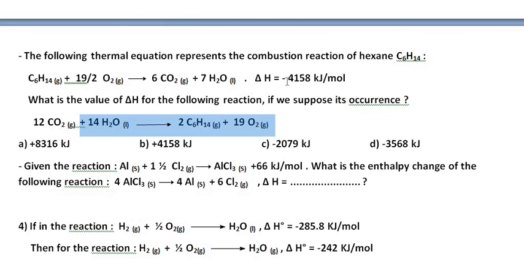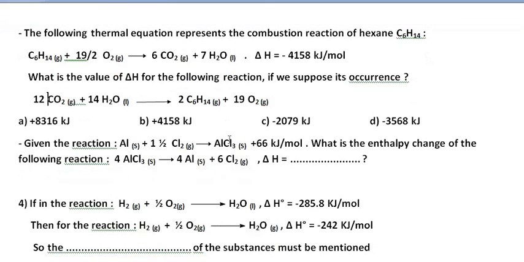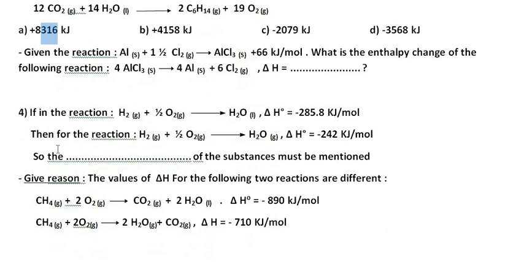So change the sign from minus to plus, and it is also multiplied by 2. So the answer is plus 4158, the opposite, and multiplied by 2. So we get this answer. This is the answer A, and so on.